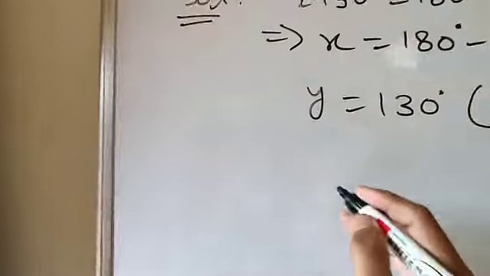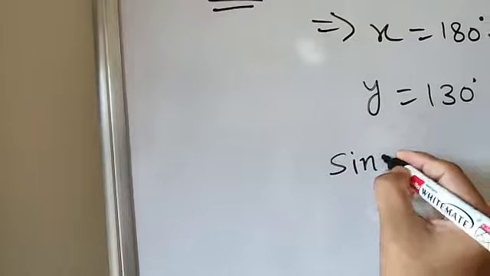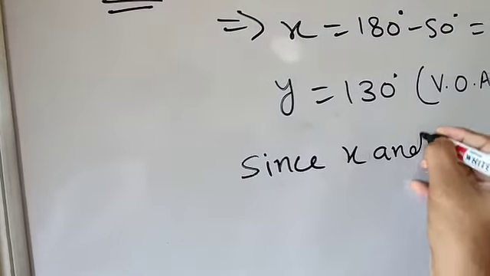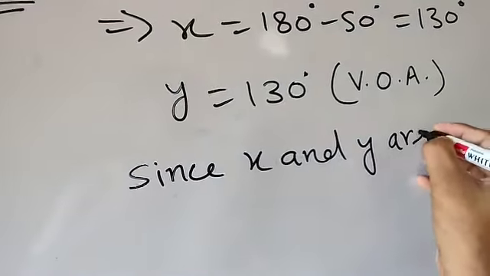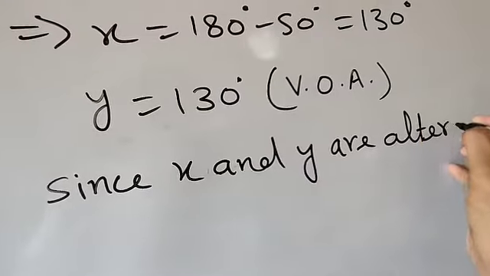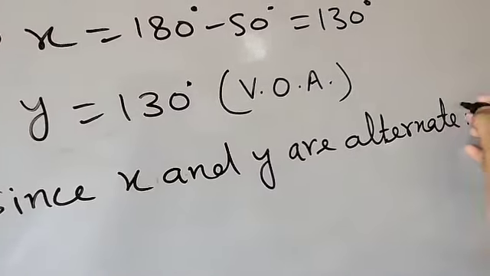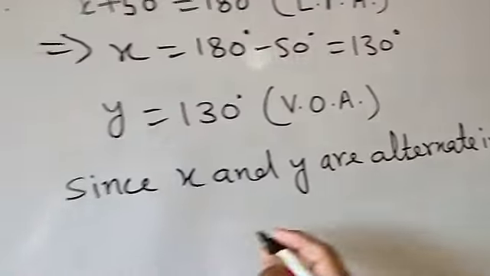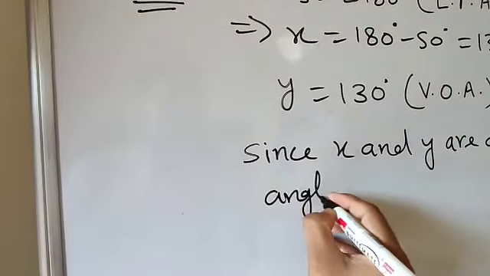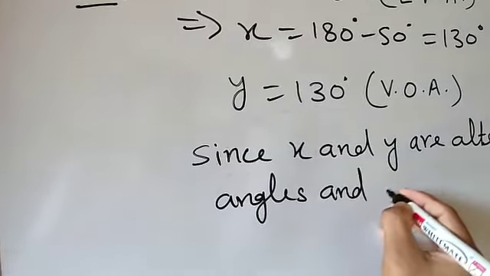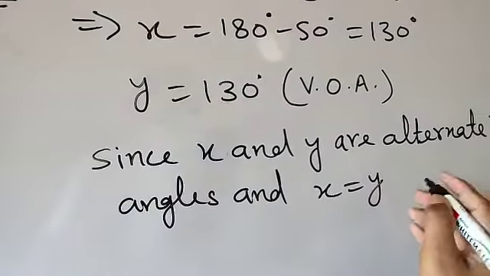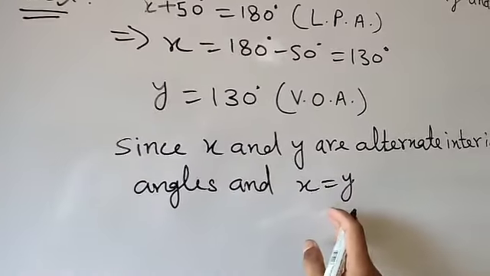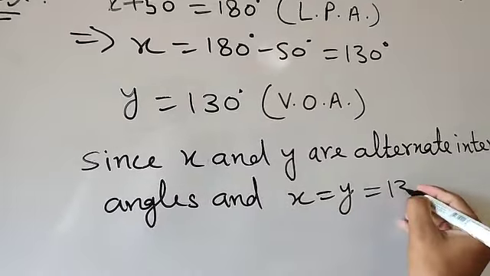So here you can write, since x and y are alternate interior angles and x equals y, both alternate interior angles are equal, that is 130 degrees.